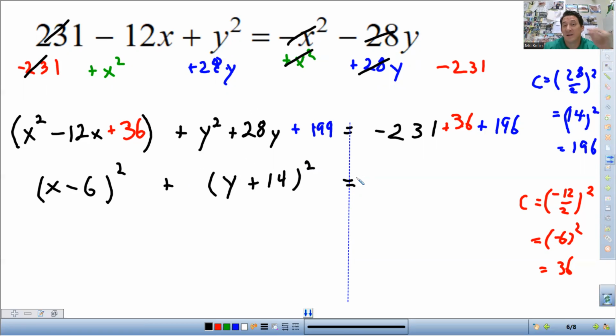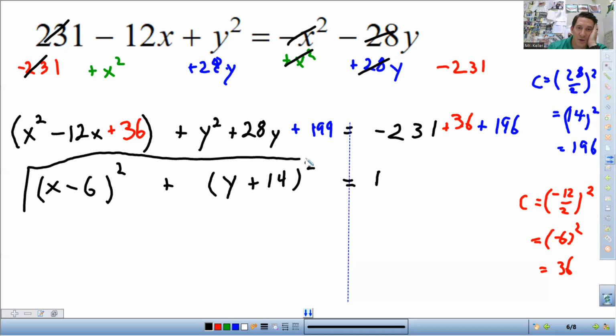So 196 plus 36. That's 232, minus 231. This is 1. Wow, that would be bad. All right, but there we go.